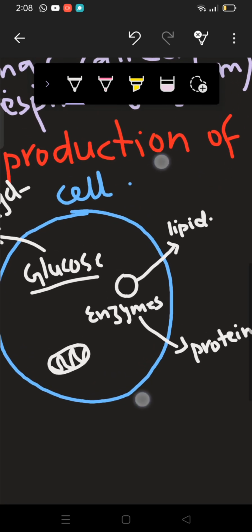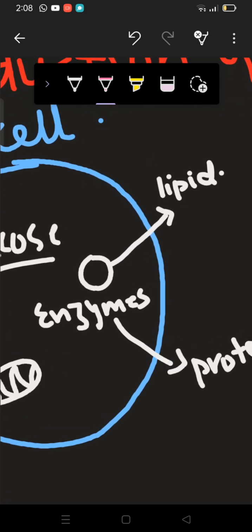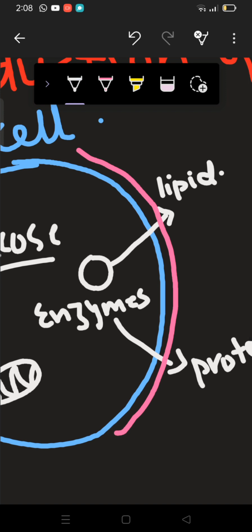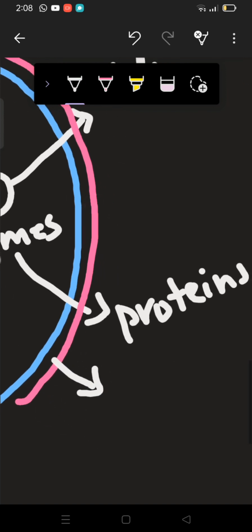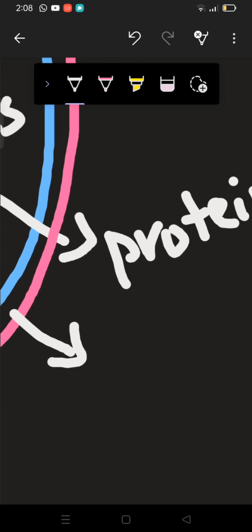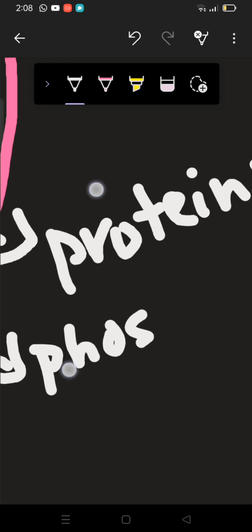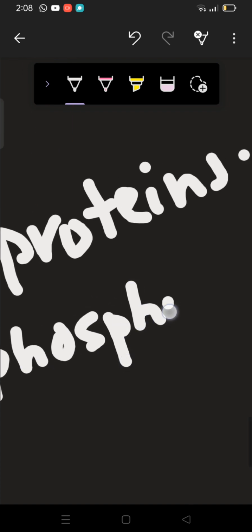And another important thing, we have the cell membrane, which is made up of lipids plus protein. It is a bi-phospholipid layer. Phospholipids.